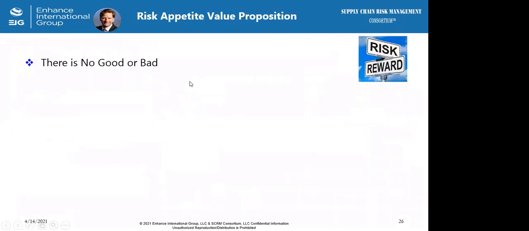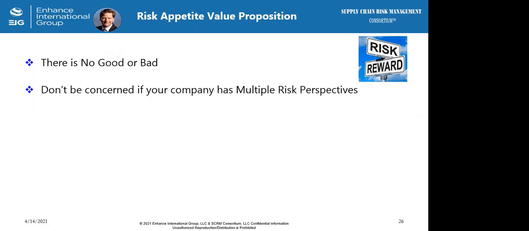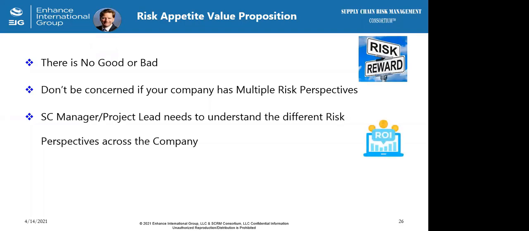Okay, so the value proposition, again, as we've said a few times, there's no good or bad. Don't be concerned if your company has multiple risk perspectives. That's to be expected. It'd be kind of strange if it didn't happen. And you as a supply chain project lead need to understand the different risk perspectives across the company and take those into account.